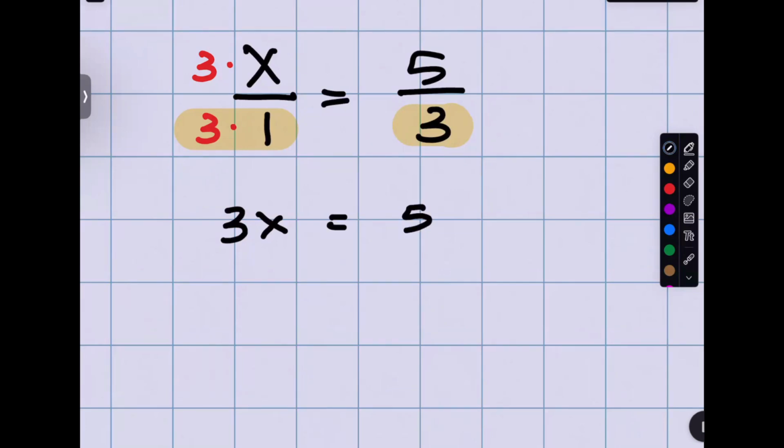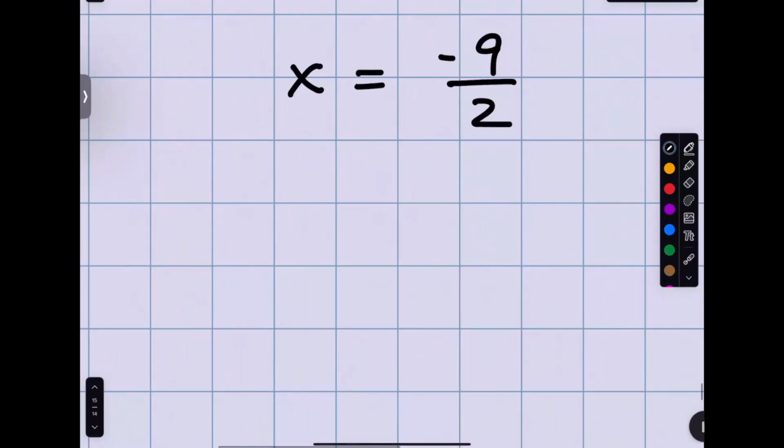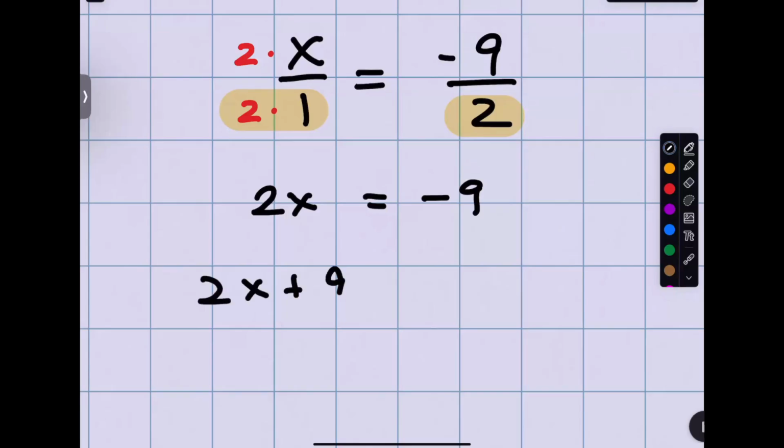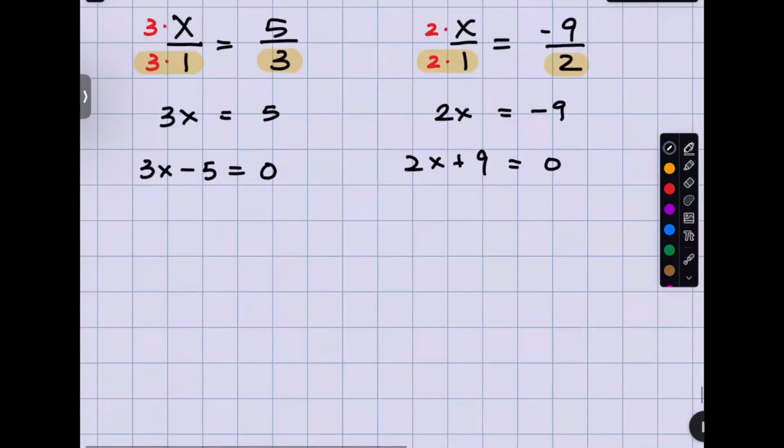So what do I do with the 5? Are we okay? Let's deal with this one. What's the 1 missing? If I do it to the bottom, I got a. Awesome. The denominator is the same. Agreed?